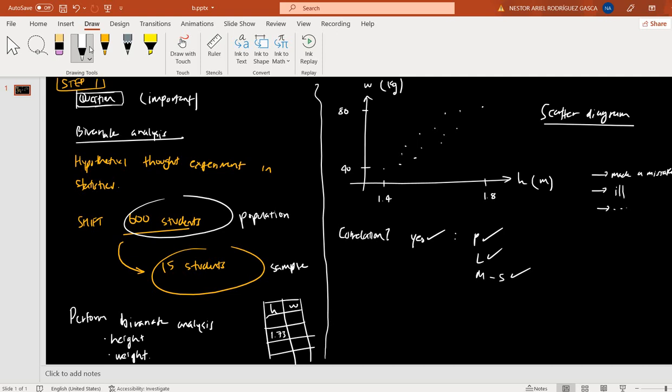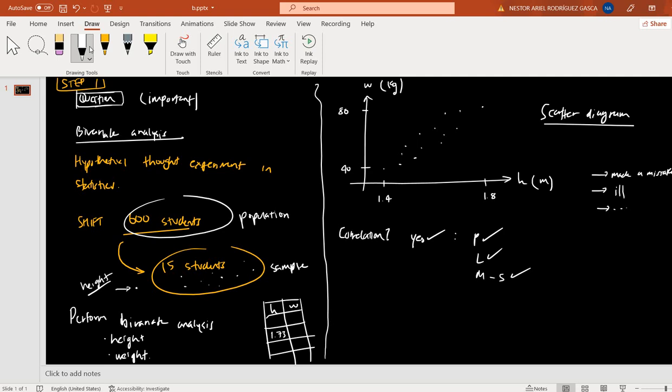There are 15 students in this sample, right? What if we choose another student among these ones, but that is not included in the sample? And what if we know the height of this person?